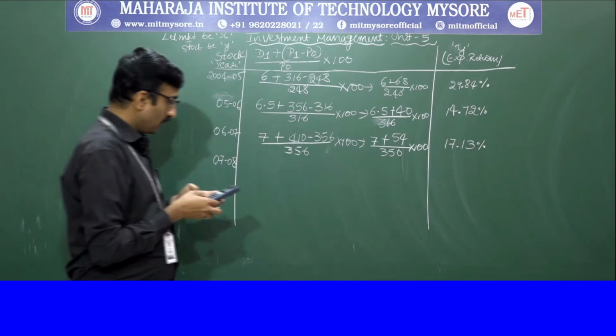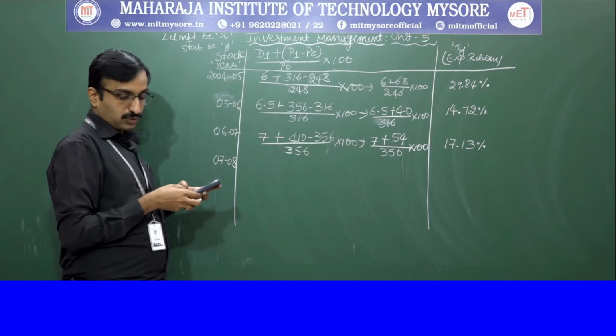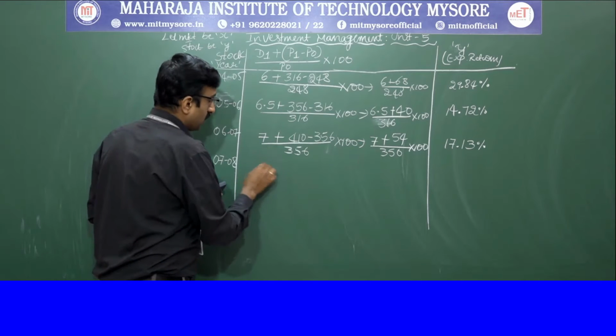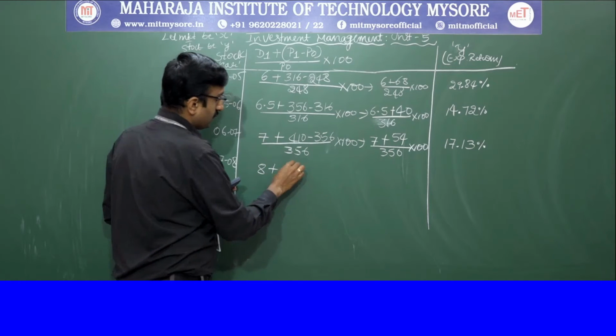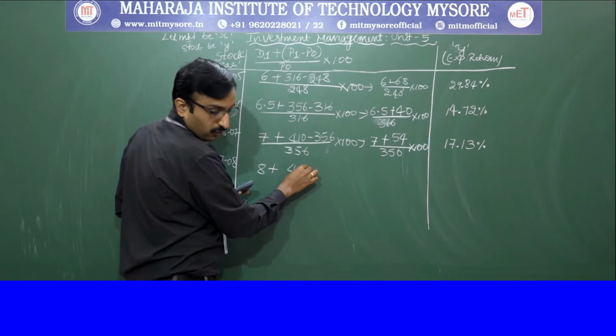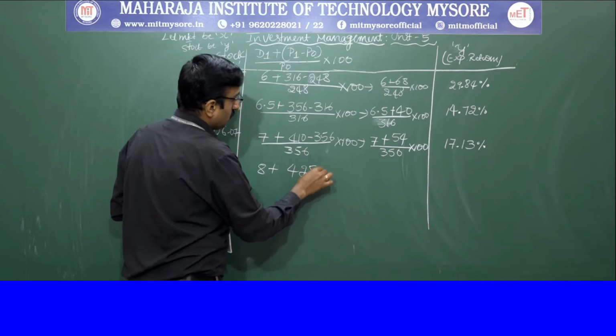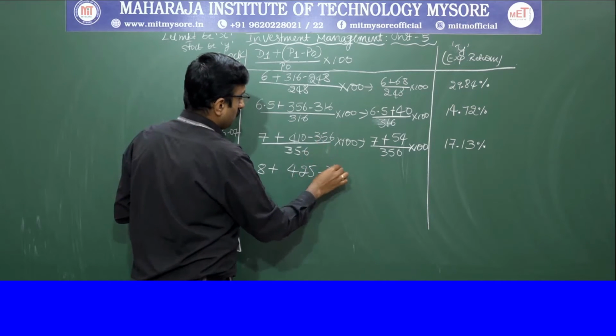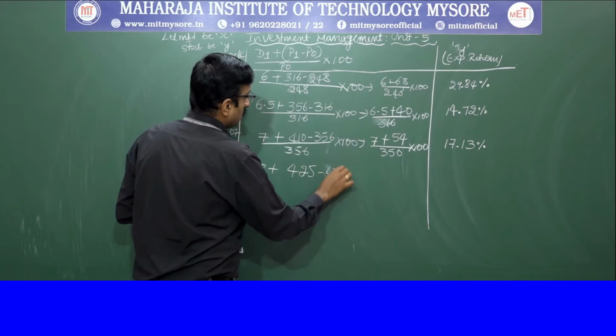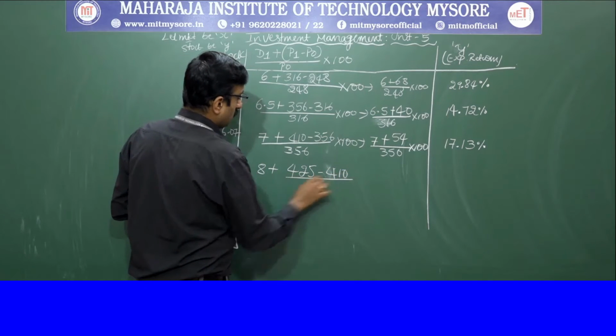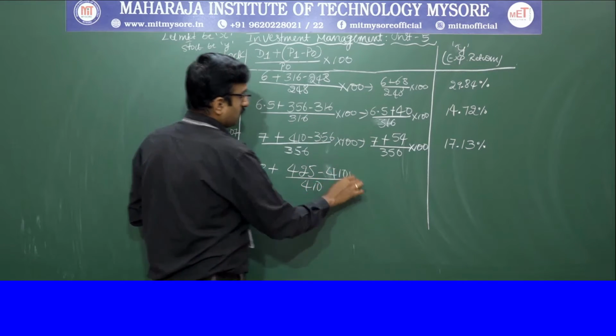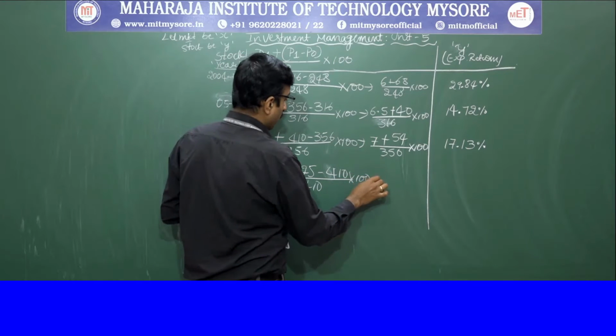Next, the last one: you have a dividend of 8 and the current year market price is 425, the previous year 410, divided by 410, whole into 100.